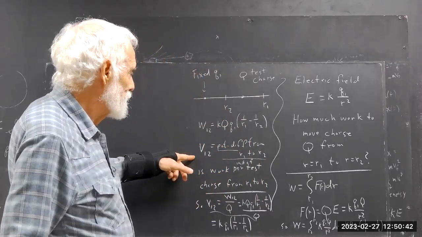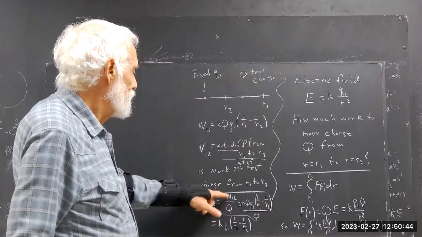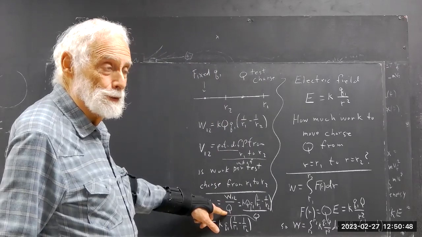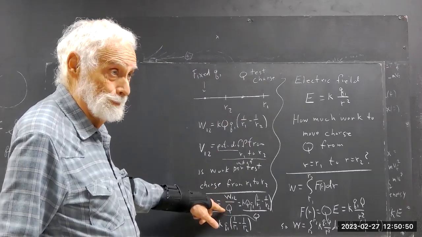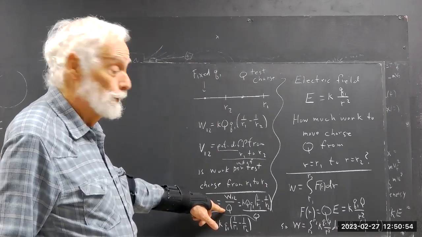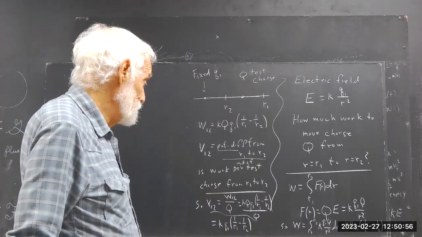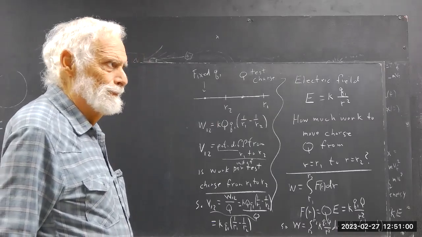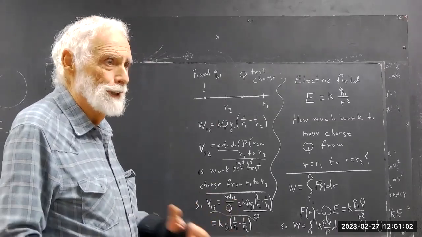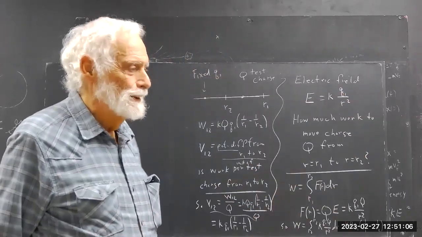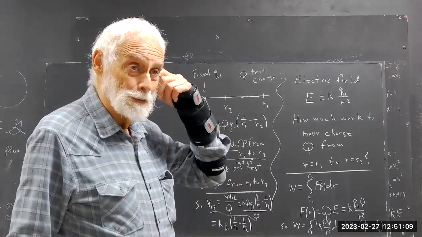You're dividing work by charge, so you're going to get joules per coulomb, or newton meters per coulomb. Only one person actually had newton meters per coulomb. I saw newton per coulomb, and something else that was being reasoned out all the way back to the formula, and I didn't really give you time to get that right.